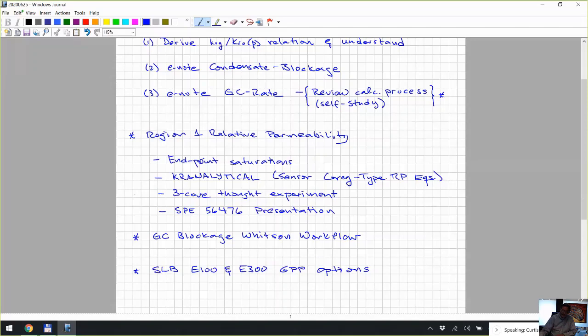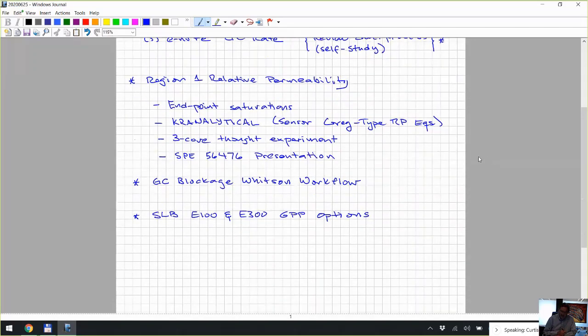Then I'm going to go through what I call a 3-core thought experiment. We'll come back to that. Basically, it's to show you what's similar and what's different about the flowing well stream. Let's say 3 meters within a well, the first meter, the second meter, and third meter. Purely the permeability of the rock is changing for the three different intervals, but you're flowing essentially the same identical fluid through each interval, albeit at different rates.